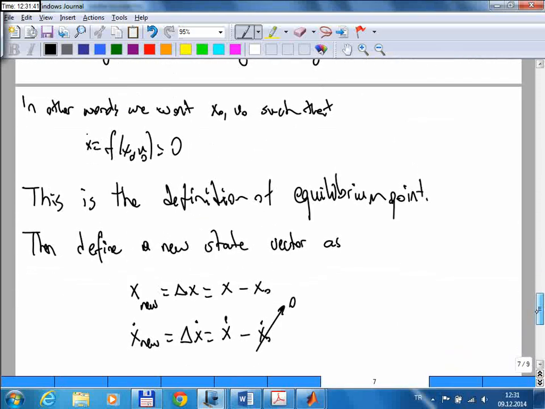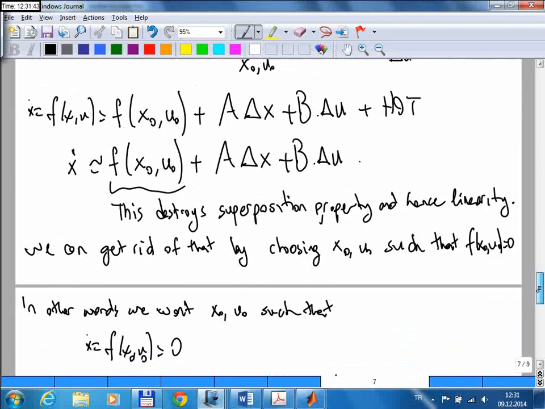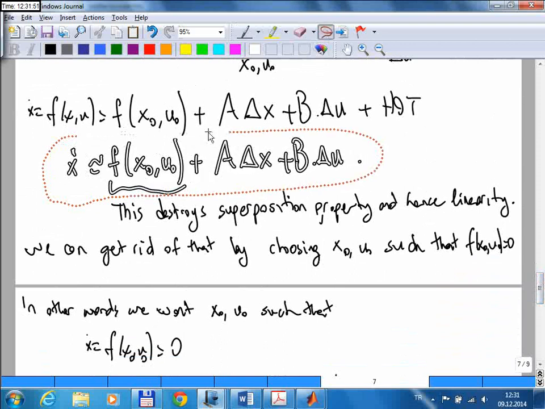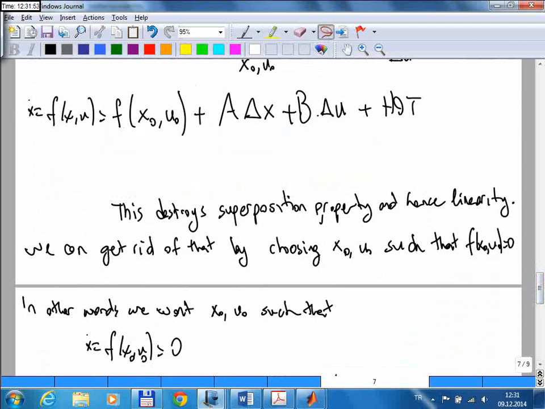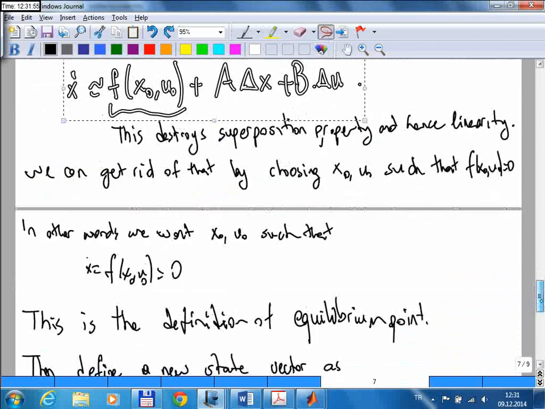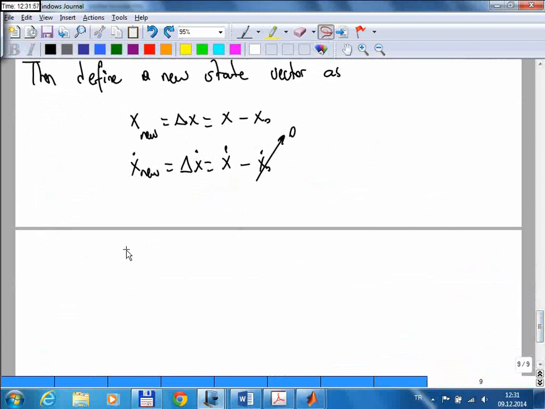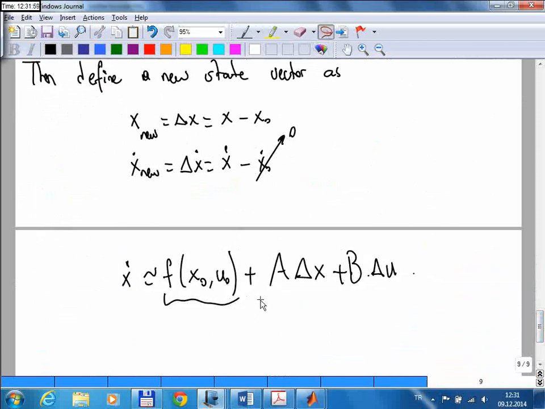So after all of this, we end up with a linear model. This is equal to 0, so I just remove that.